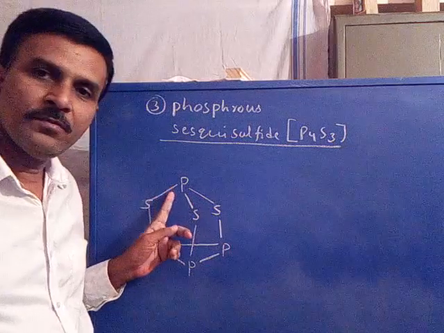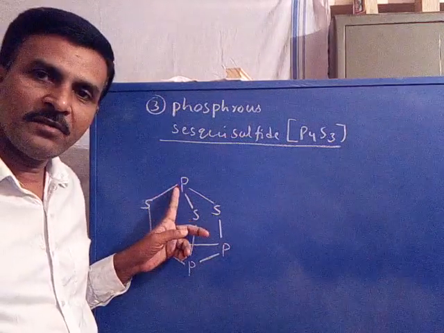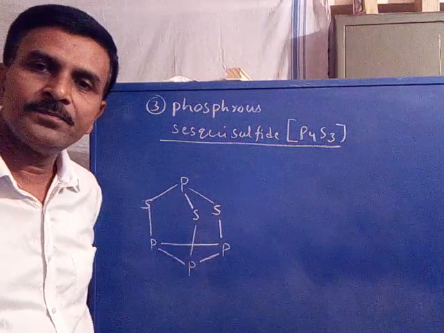Now for the above phosphorus, you observe it is attached to three sulfurs.